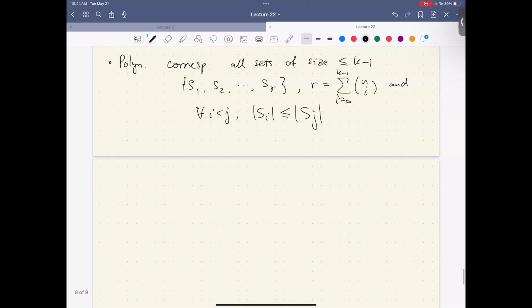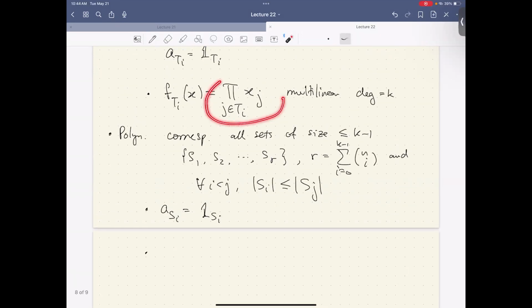After giving them names, we can assign a function. Let A_SI be the characteristic vector of Si. Here we need an additional trait.